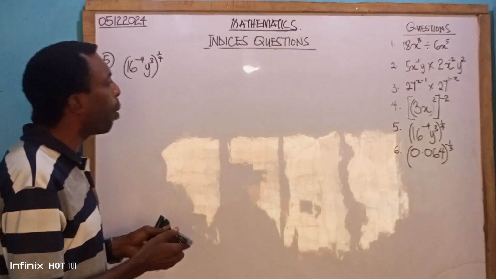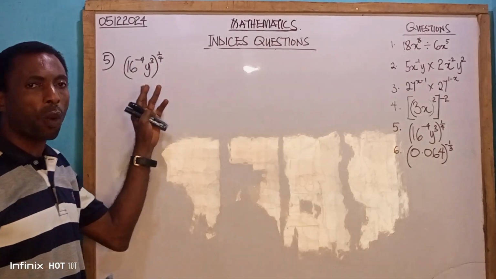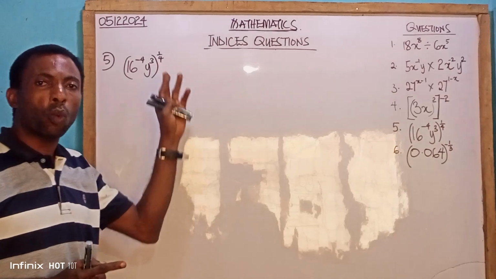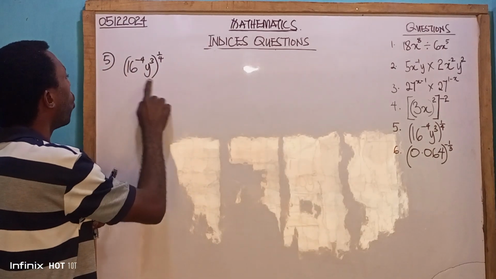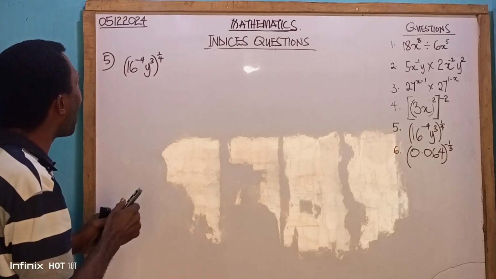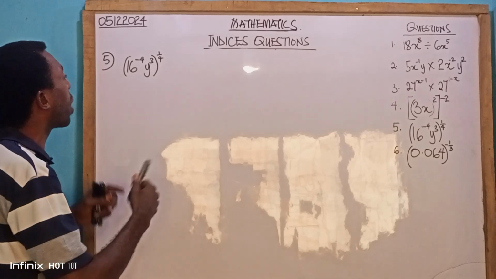Now we have this number, which is 16 raised to power minus 4, y raised to power minus 3, raised to the power of 1 over 4. Now that we have this, how are we going to move on? There are certain ways you can do this.